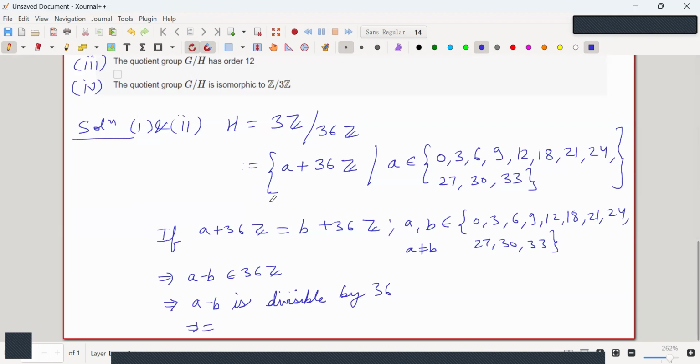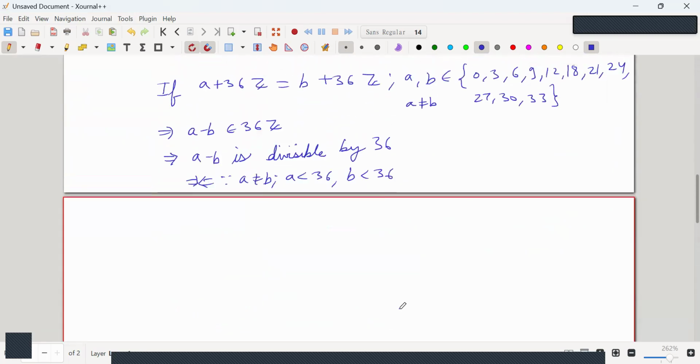Which is a contradiction, since A is not equal to B and A, B both are less than 36. So by this we conclude that this set has all distinct elements, and thus the cardinality of H is 12.